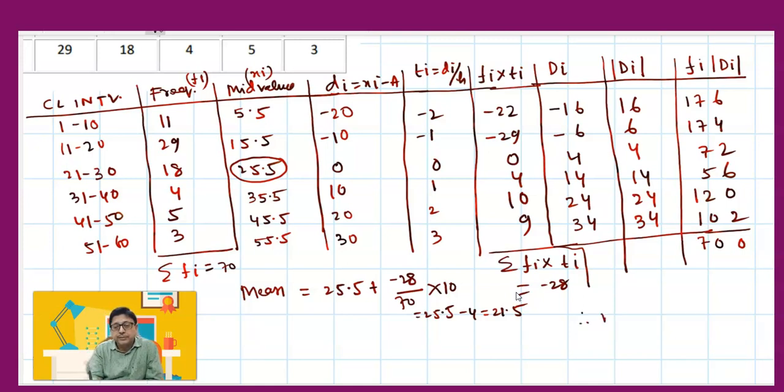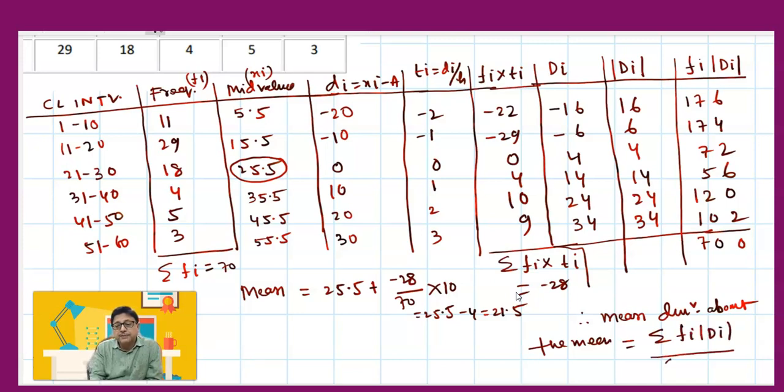Therefore, mean deviation about the mean is equal to sigma fi into mod di, by sigma fi. Sigma fi you got earlier.